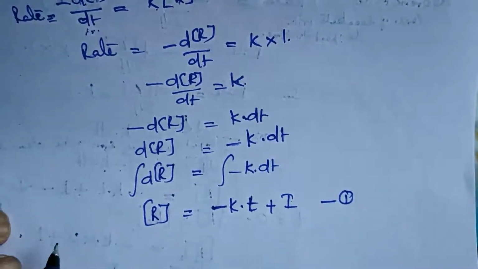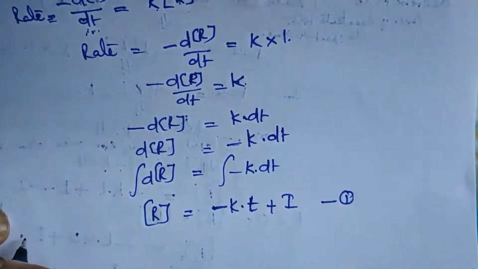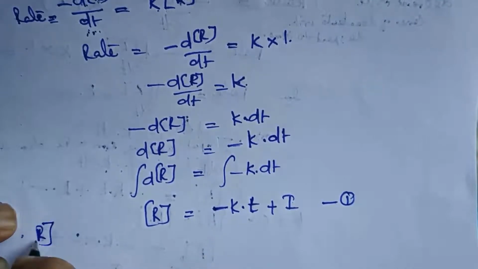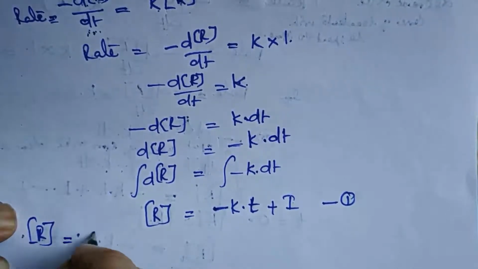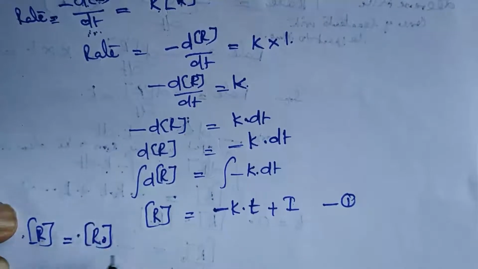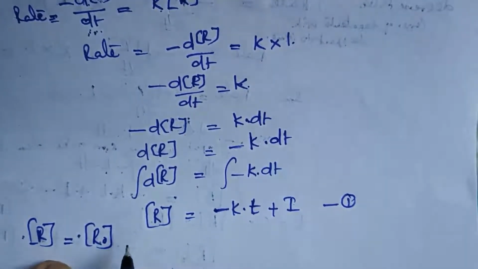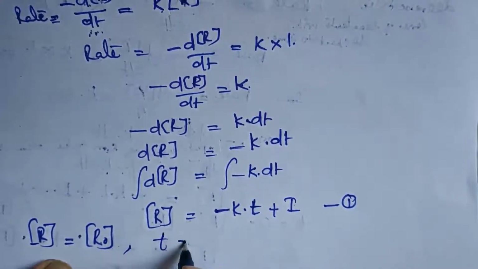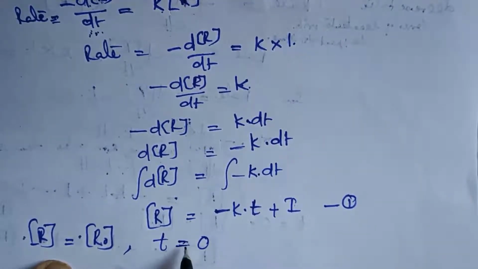And at the initial stage, that means before commencement of the chemical reaction, R, the concentration of reactants, is equal to R0, that is the initial concentration. That means the reaction is not yet started. When R is equal to R0, time t is equal to 0.